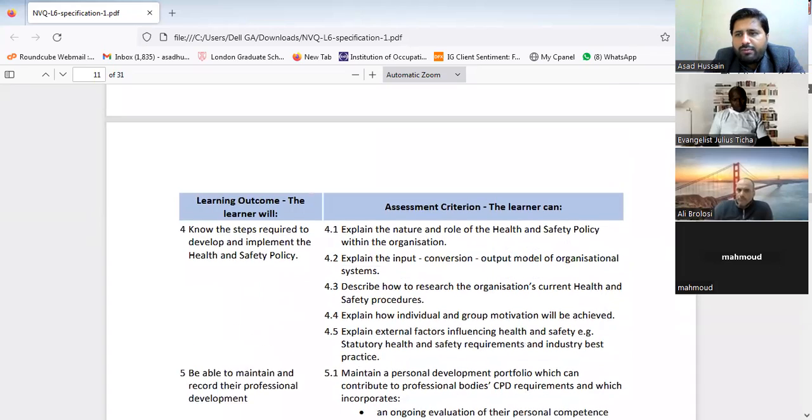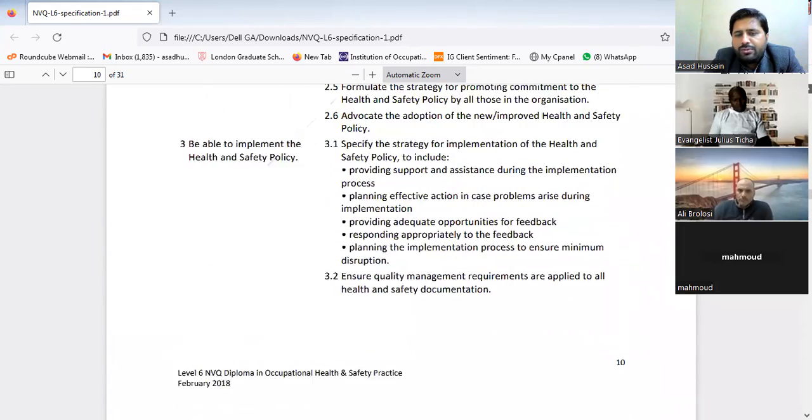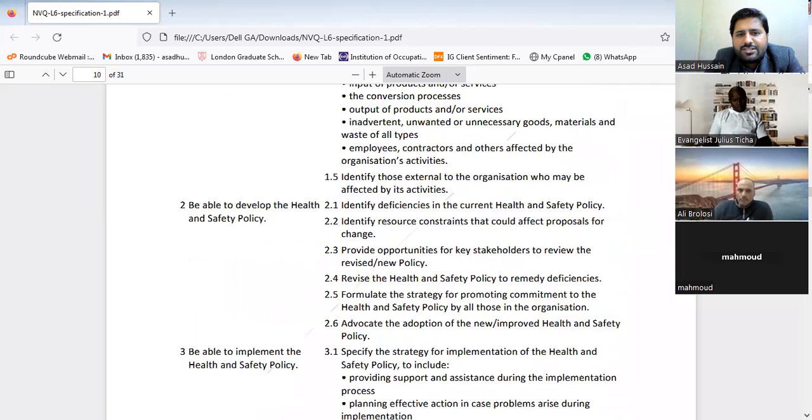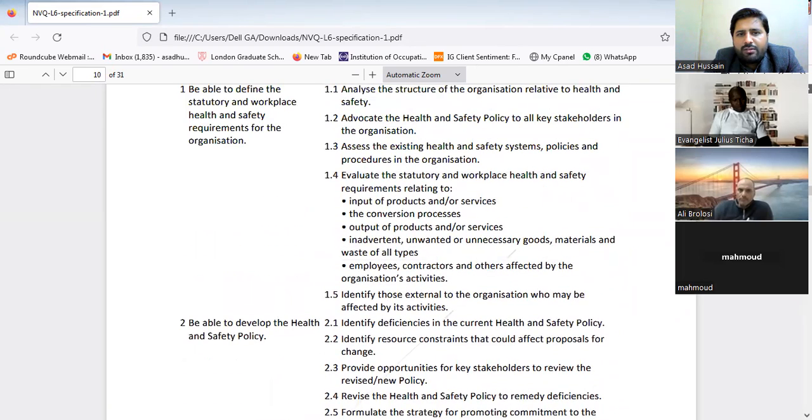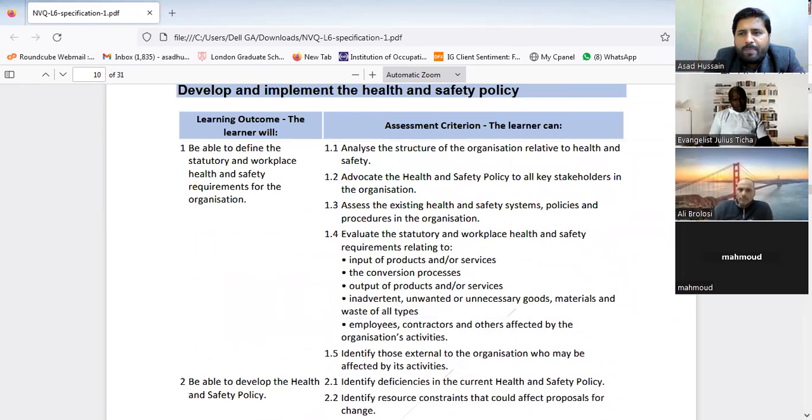So now moving forward, I am going to start discussing each criteria. In learning outcome 1, what is it asking for? It is asking for being able to define the statutory and workplace health and safety requirements for the organization.